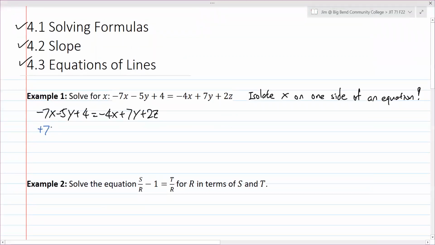So what I would do is to add 7x on both sides. Why? Again, because I want to cancel the 7x and negative 7x on the left. And in the meantime, I can subtract 7y and 2z together. And why? Because these two terms will cancel and these two terms will cancel too.